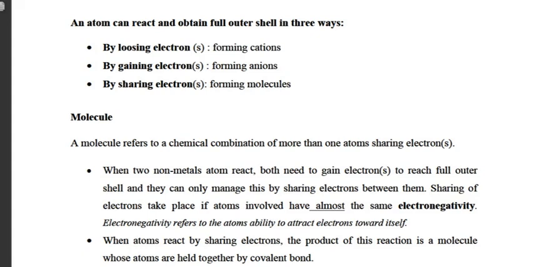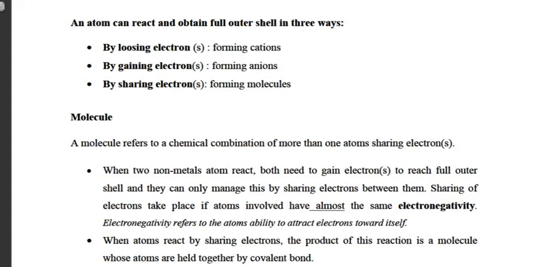We have atoms that are in group 1, or group 7, group 6, and depending on which group the atom is found in, it will either want to gain or lose some electrons. Let's say in the case of oxygen, which has 6 electrons in the outermost shell, it will want to gain 2 electrons so that it can have 8 electrons in its outer shell.